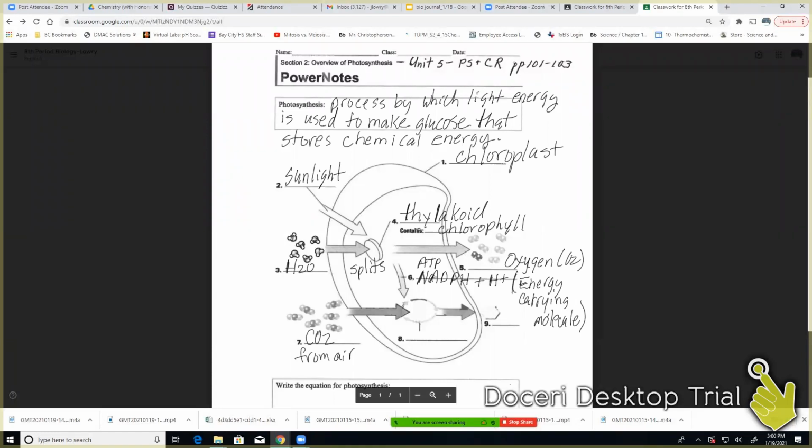And then that goes into the second part. So that would be our light independent reaction, and that's happening in the stroma.